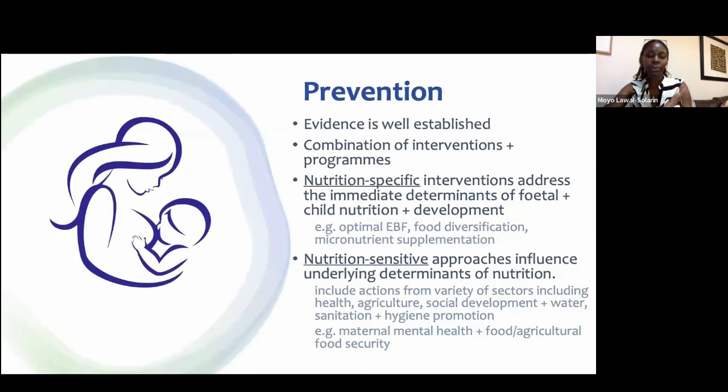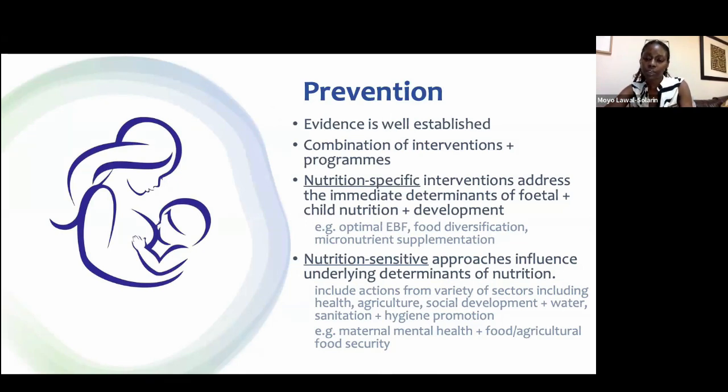And lastly, we're going to touch on prevention, because we know that prevention is always better than cure. The evidence for how to prevent malnutrition is really well established. It's a very preventable condition. And we do it using a combination of interventions and programs, nutrient-specific interventions and nutrient-sensitive interventions.